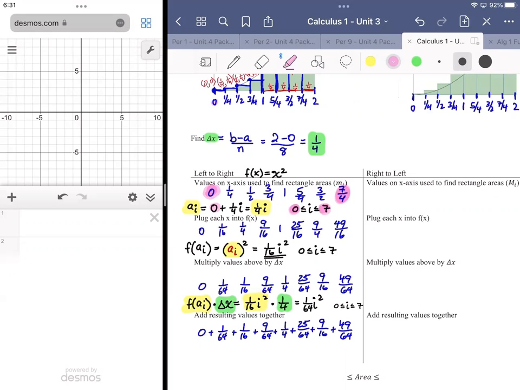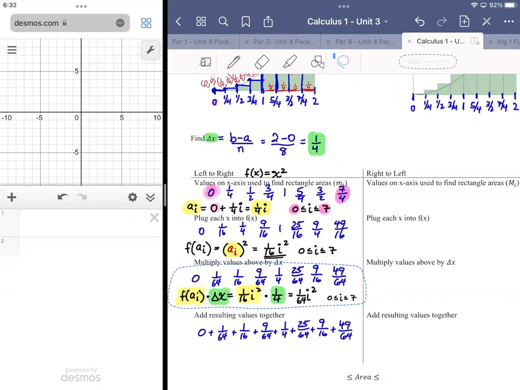All right. So now that I have a rule that represents a sub I, I can plug it into the function. Then I can multiply that result by delta x, and I'm developing a generalized rule all the way through that could be applied rather than crunching these numbers individually. I'm crunching the numbers related to just the rule so that the computations become easier, but it's really more than that.